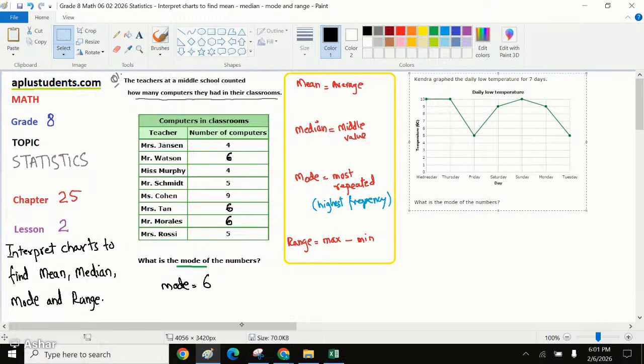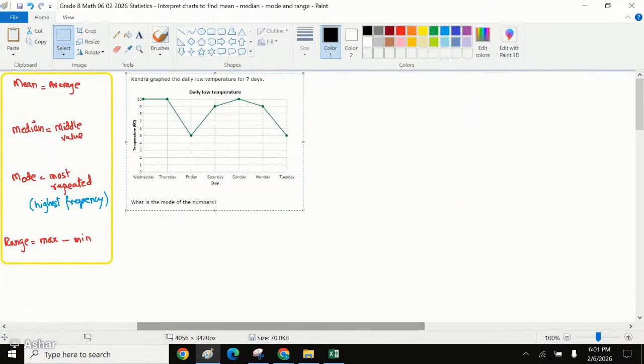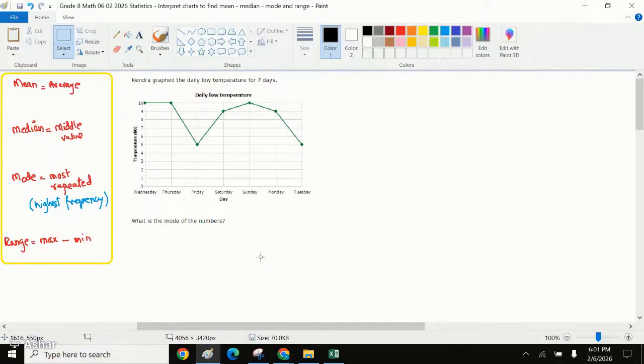A line graph was given to us for question number 2, and we need to, Kendra, graph the daily low temperature for 7 days, from Wednesday till Tuesday. What is the mode for this given question? Mode means the most repeated.